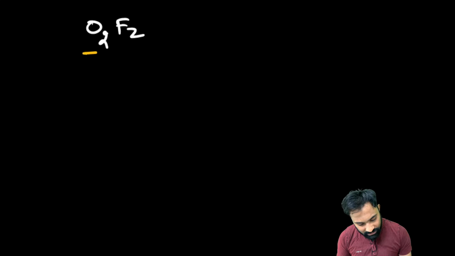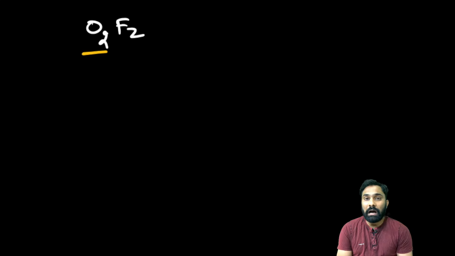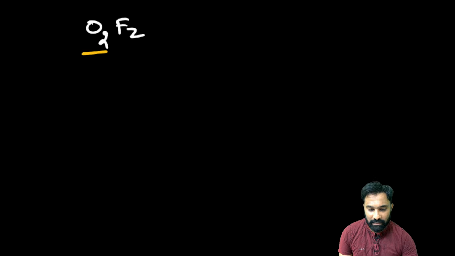Now in most cases the oxygen oxidation number is -2, right? Then only in the case of O2F2, what is the oxidation number of the oxygen and why is it showing other than -2? Can anyone tell me?